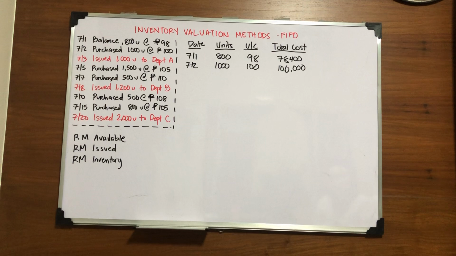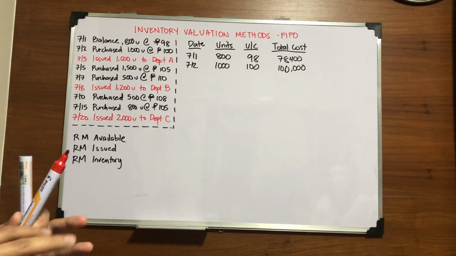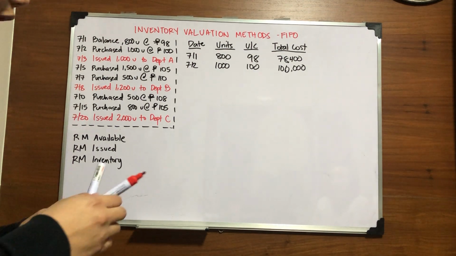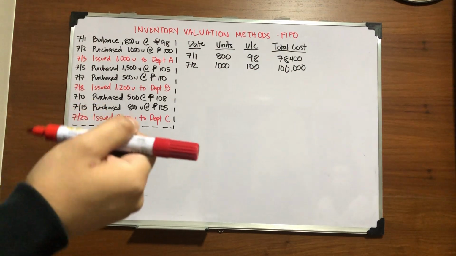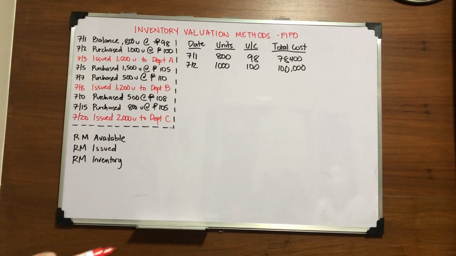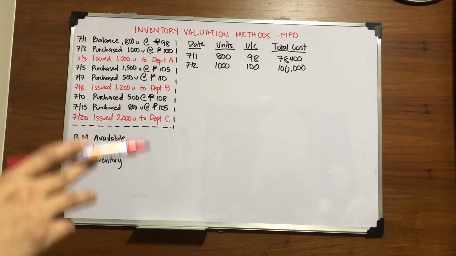Okay, so let me do this for you. In the book, there is a separate format for answering this. I'm just showing you another version for your reference. For July 3, let me use a red pen for issuance and a black pen for purchases and opening balances.